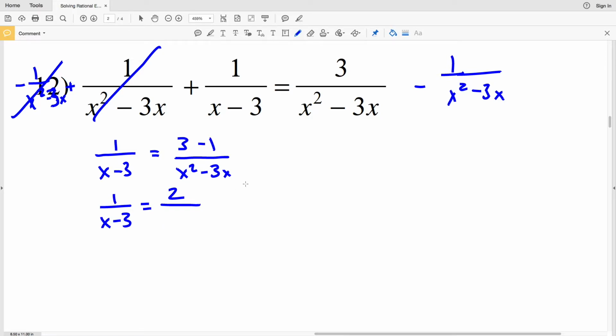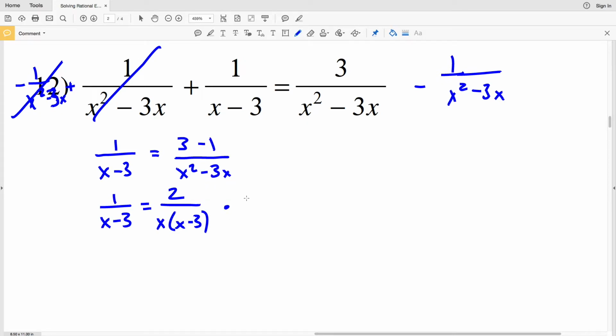We can simplify that by pulling an x out. So we'll have x times x minus 3, since x times x is x squared, and x times negative 3 is negative 3x. So x times x minus 3 is equivalent to x squared minus 3x.